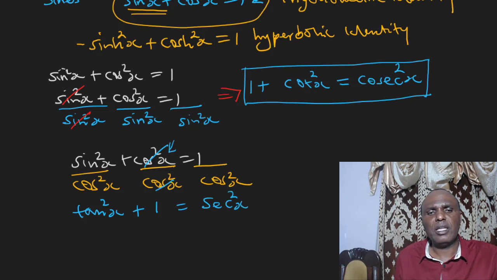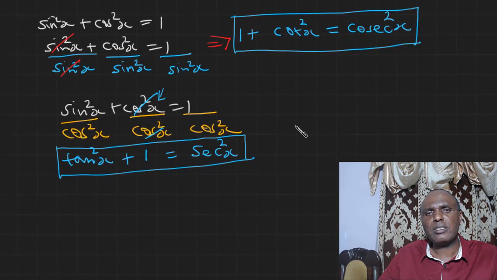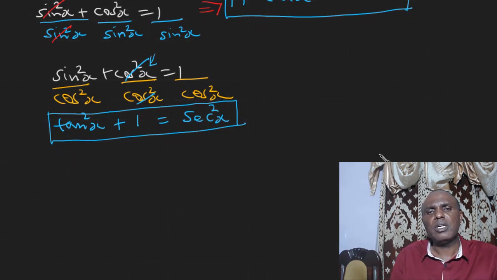So that is the other trigonometric identity that we are going to use to convert to a hyperbolic identity using Osborne's rule. So let us start with the second one, because this one is going to help us to solve Roman 1, and this one is going to help us to solve Roman 2.